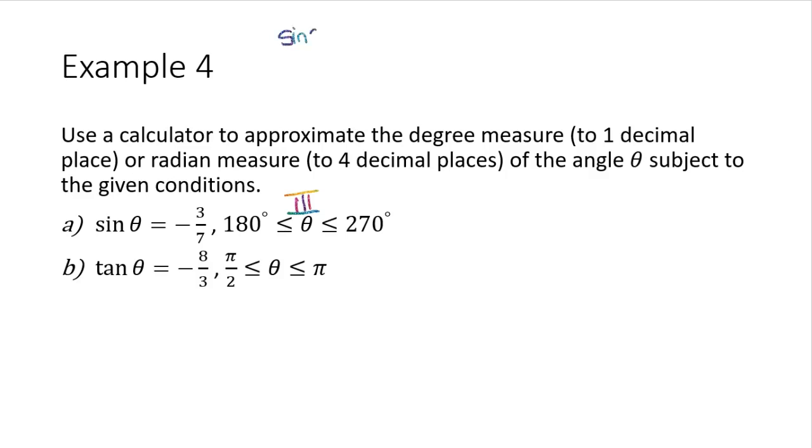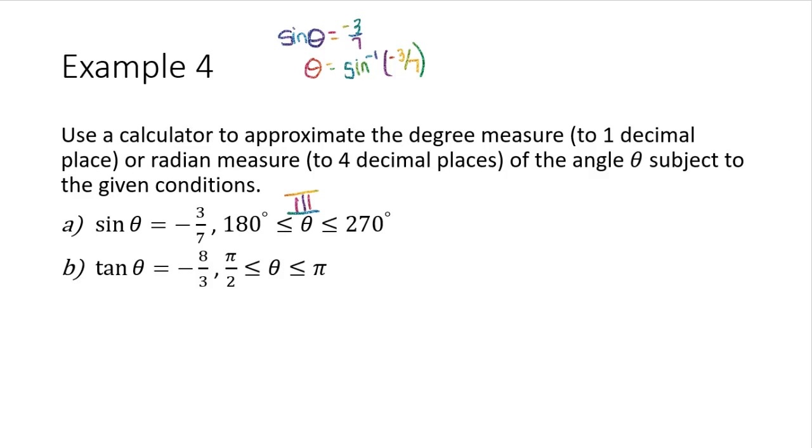If the sine of theta is equal to -3/7, then we can say that the angle I want is the inverse sine of -3/7. We'll put this in the calculator, and I'll make sure I'm set to degrees, and then I'll do the answer in radians as well.